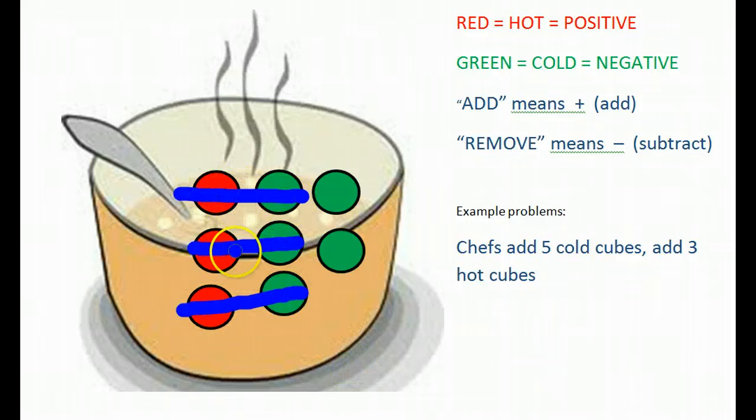So by adding those together, by adding the 5 cold cubes, that was negative 5, and then adding positive 3, we are left with 2 cold cubes, that is negative 2. We've changed the temperature by lowering it 2 degrees, negative 2.